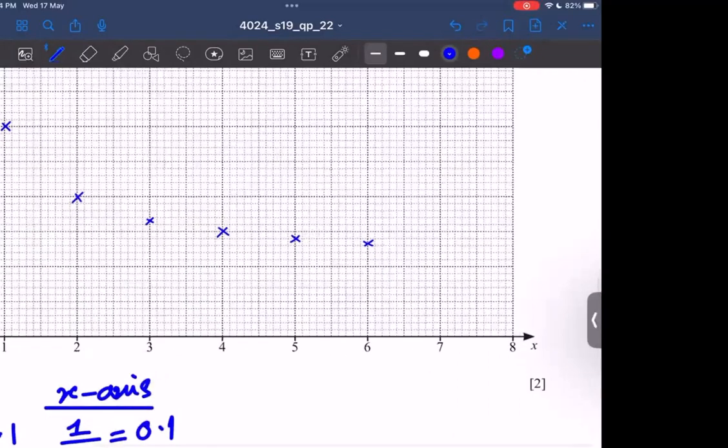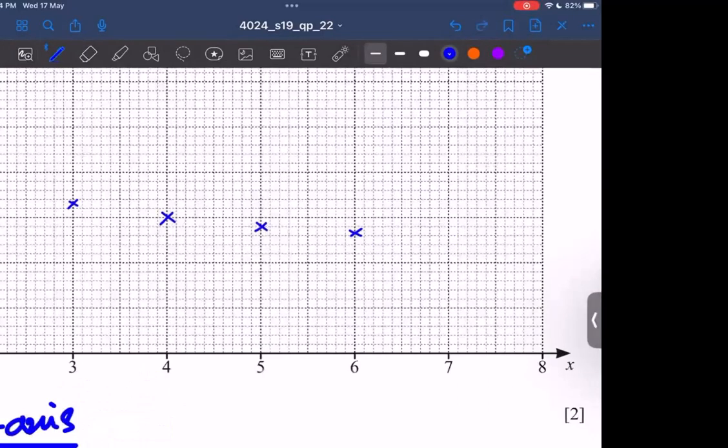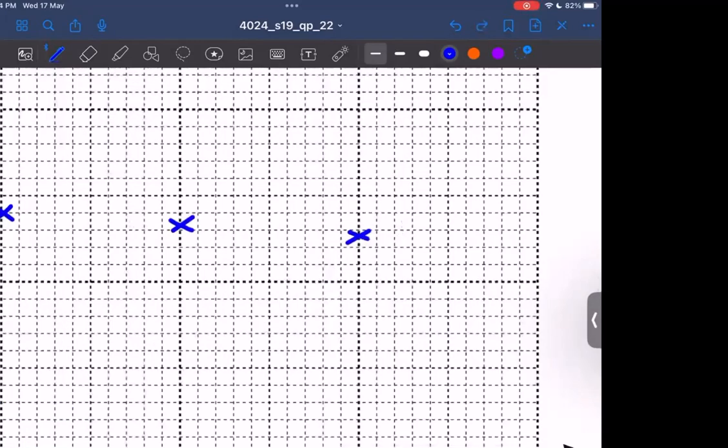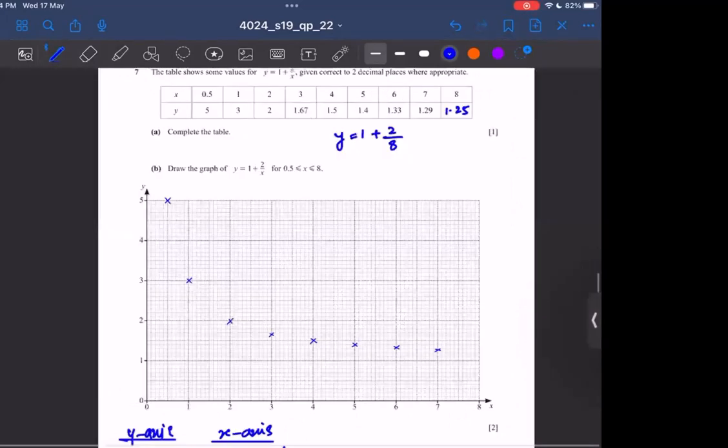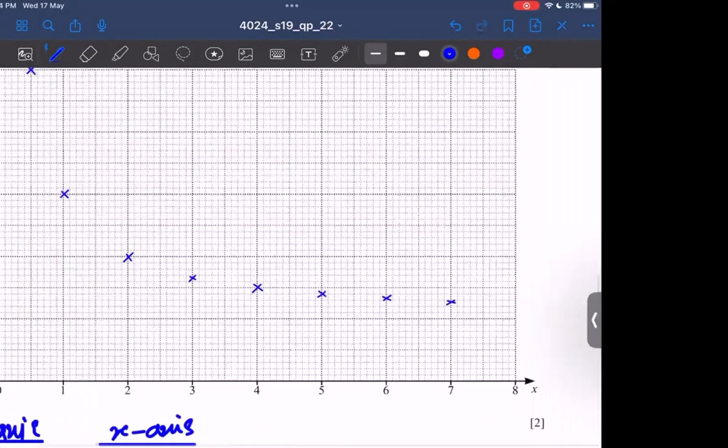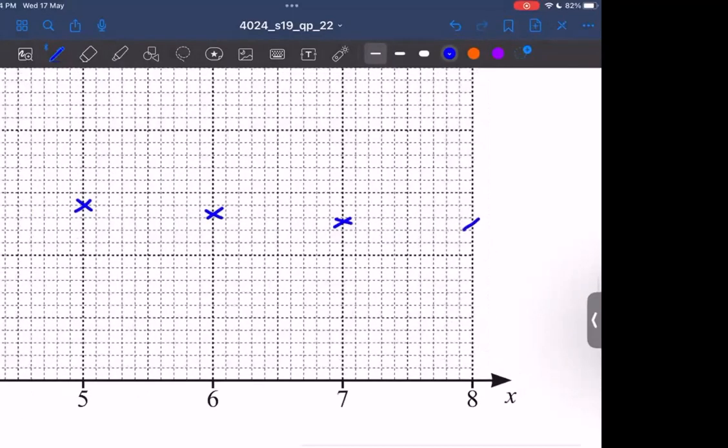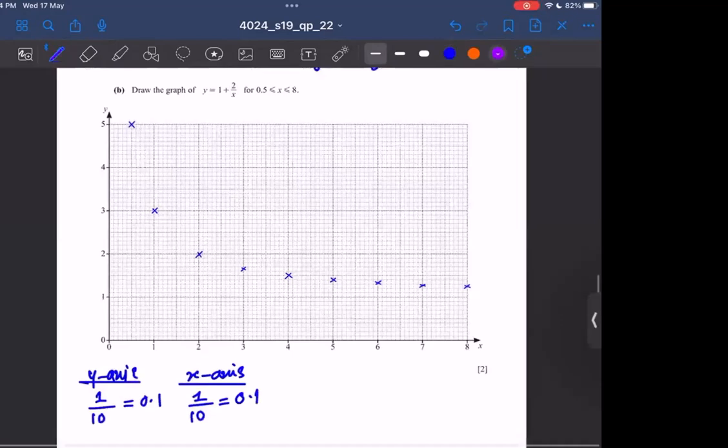This is 1.2, 1.3, 1.29 is going to be somewhere around here. Okay, and then we have 8 at 1.25. 1.25 is going to be right here. I'm going to make a graph of this.